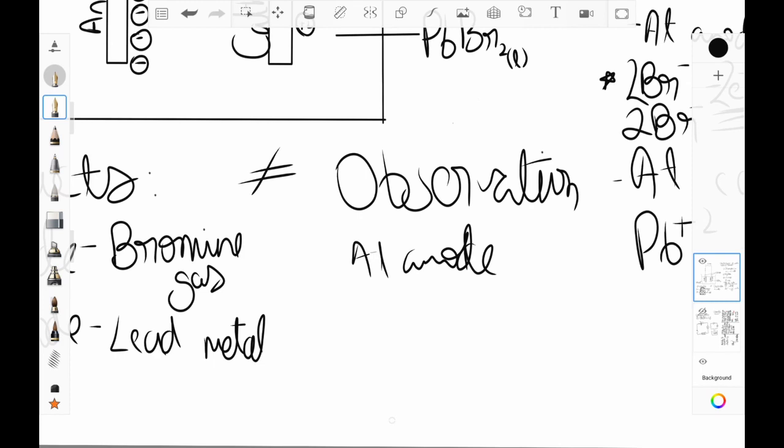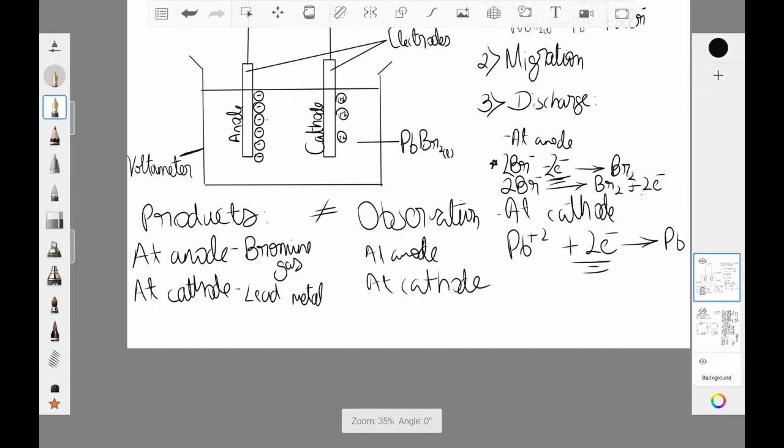You need to chemically test it, or you need to work it out with knowledge beforehand in order to know that. At the cathode, the observation will be silver metal, because again, you don't know that it's lead. You just know that it's silver in color and it's metal. So that's the difference between products and observations.